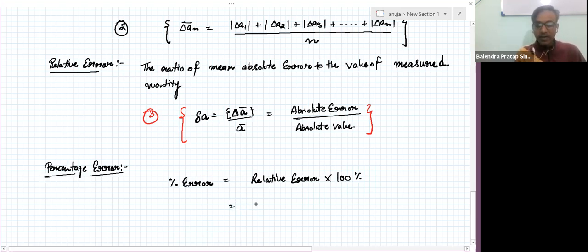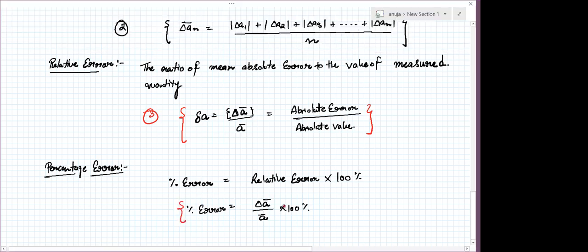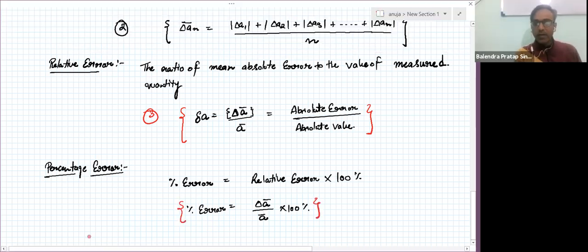That is basically delta A bar divided by A bar, times 100. It is the formula for finding percentage error. Write it down so that we can go to the numerical part and apply all these formulas.